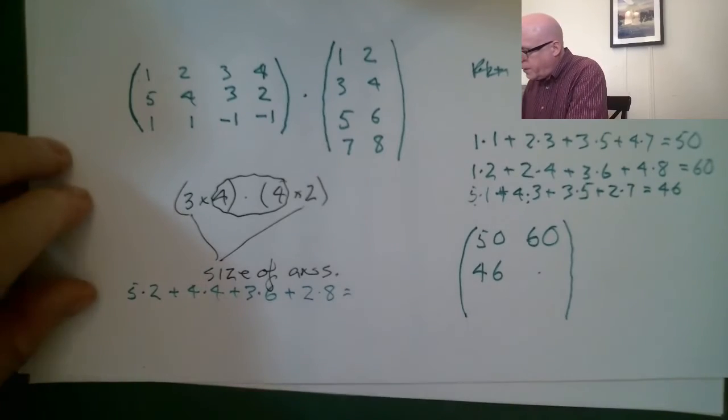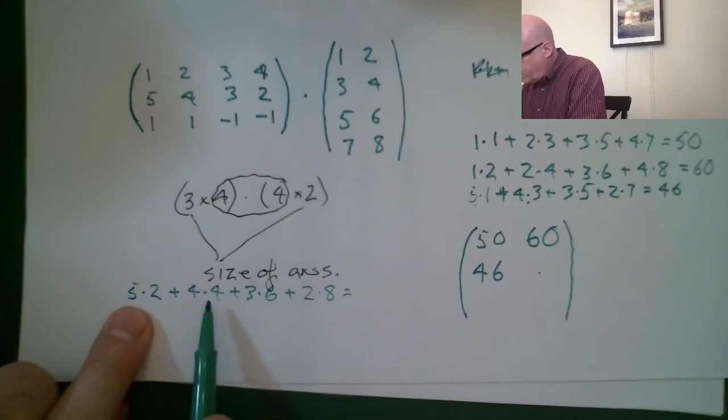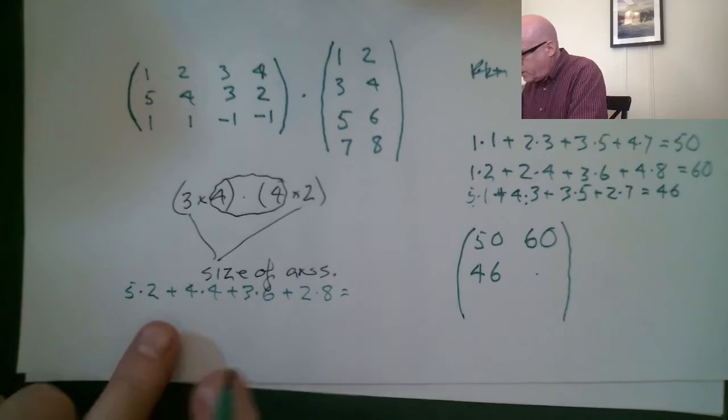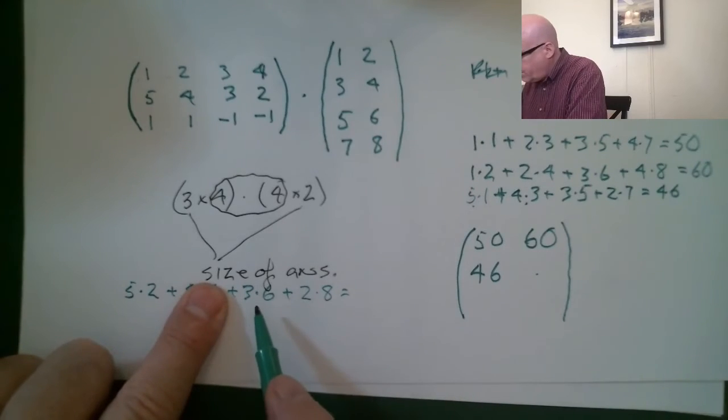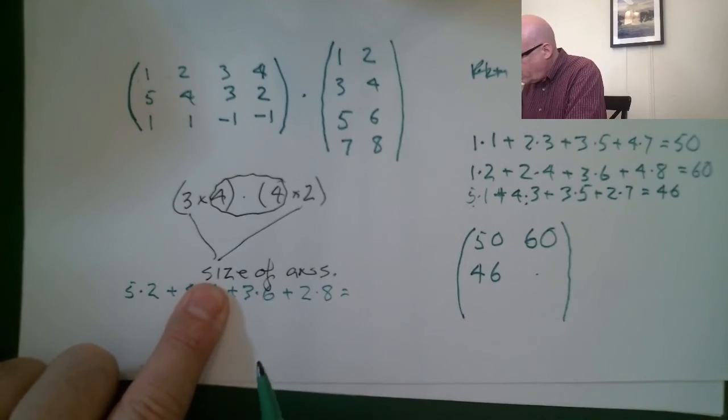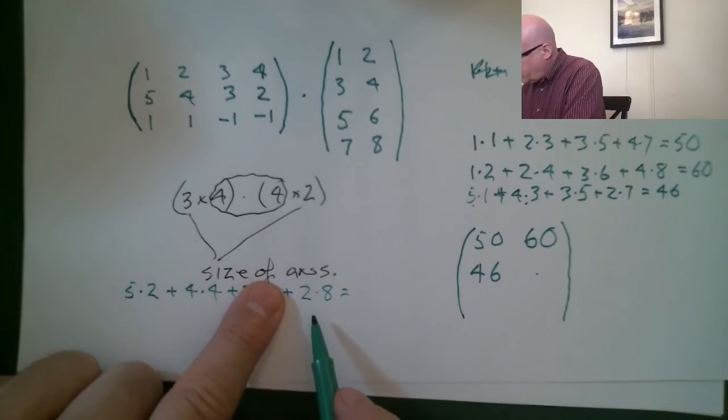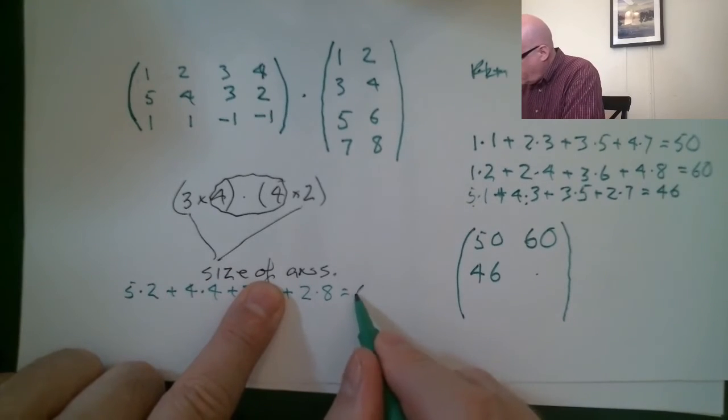What does that all tally up to? 5 times 2 is 10, 4 times 4 is 16, 26 thus far, then 18 more, 44, and then 16 more, 60. Oh, that's weird. That's 60 again.